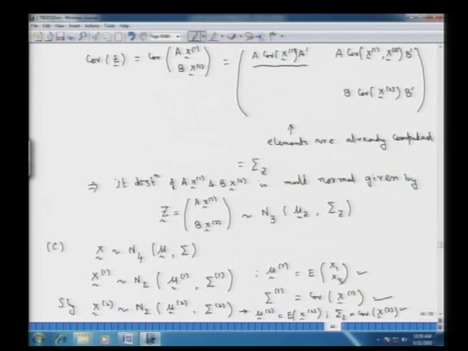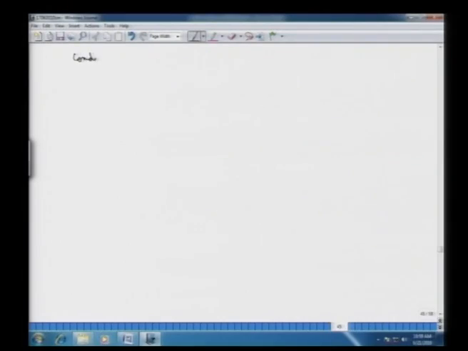So these two are the two marginal distributions of the two subvectors x1 and x2. The last part is to look at the conditional distribution.